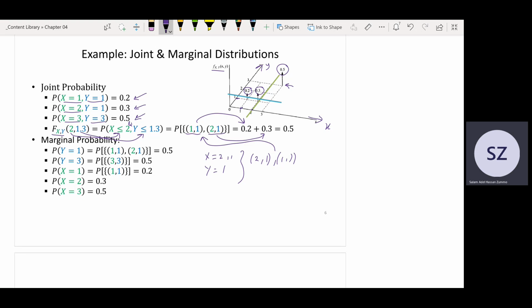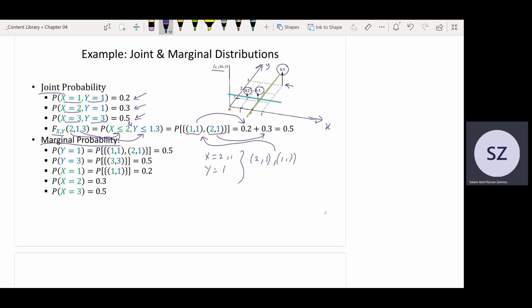Now, before we do this, let's talk about what we call marginal probability. It is very important that when we talk about joint probability, we also talk about marginal. Joint is when we discuss probabilities that concern X and Y, an event in X and an event in Y. The marginal is when we talk about only X alone or Y alone.